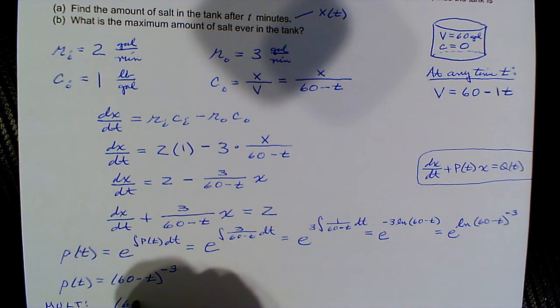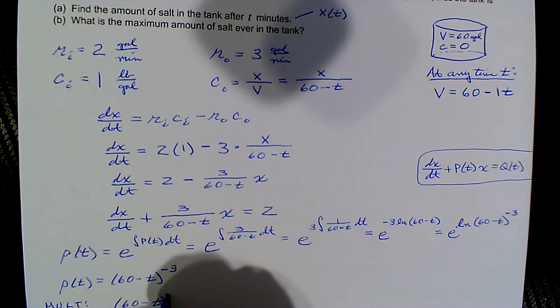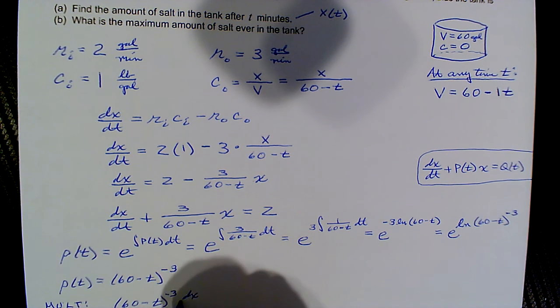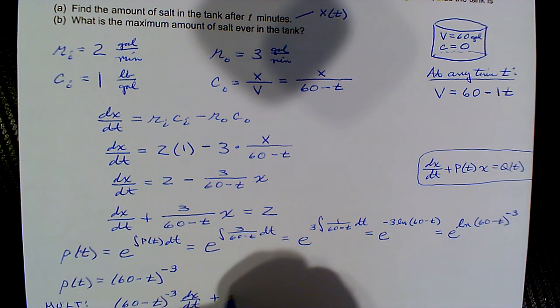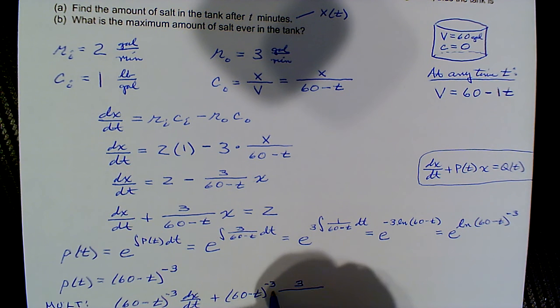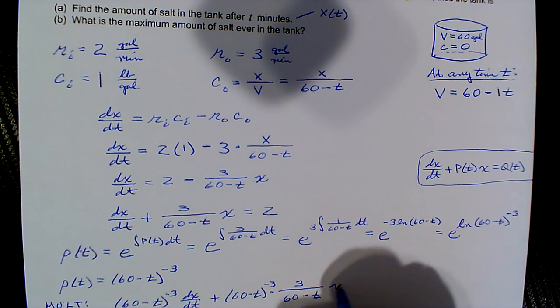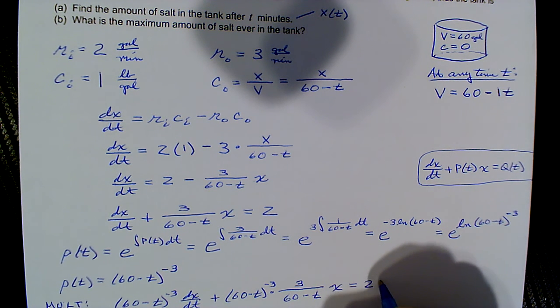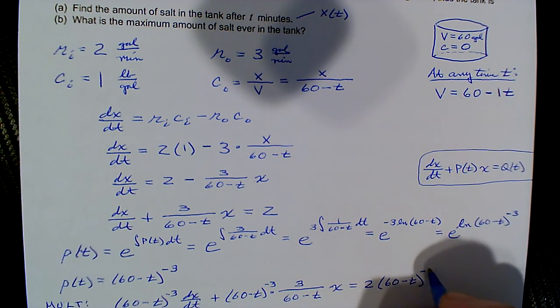So we get 60 minus t as a quantity to the negative third times dx/dt plus 60 minus t to the negative third times 3 over 60 minus t times x equaling 2 times the quantity 60 minus t to the negative third.